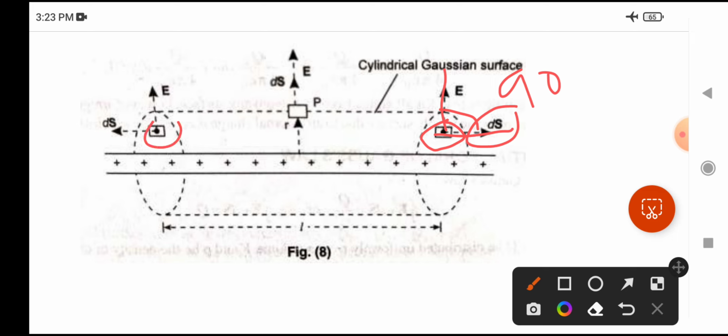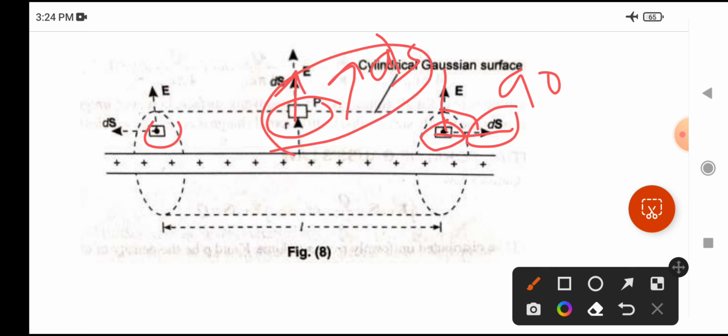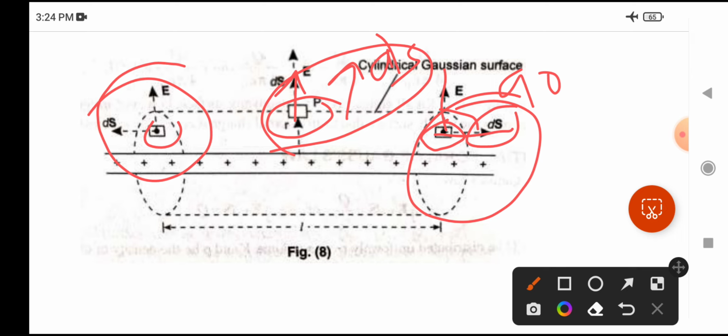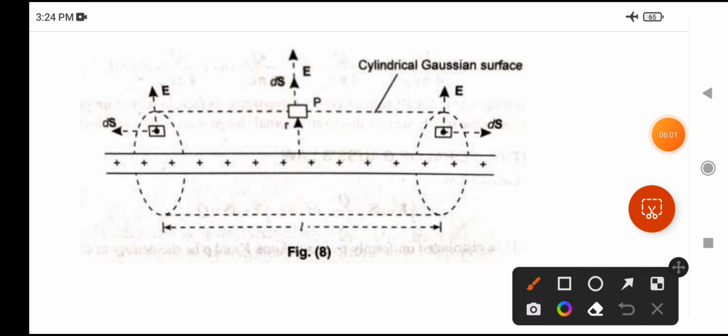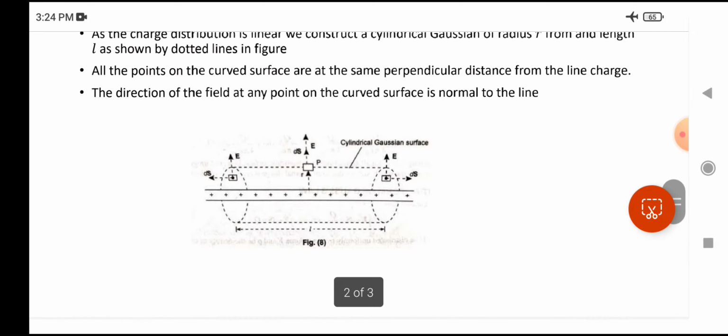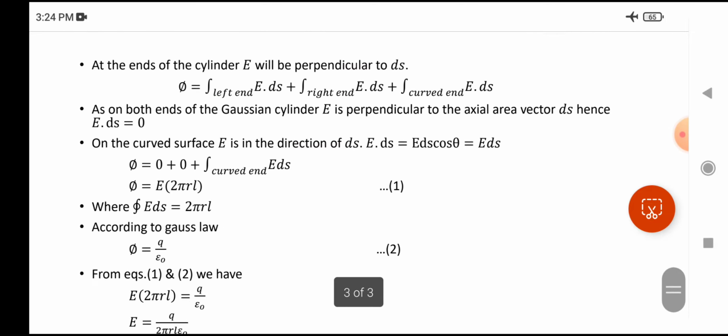Here also the same thing. But at the curved surface, the field direction and the direction of dS are the same. So on the curved surface dS and the field are in the same direction, but at the end surfaces they are perpendicular to each other. That is why the flux phi through the ends is 0. I will explain this in the derivation.